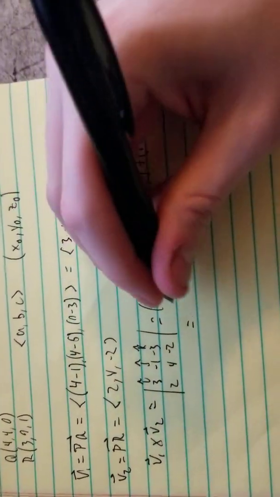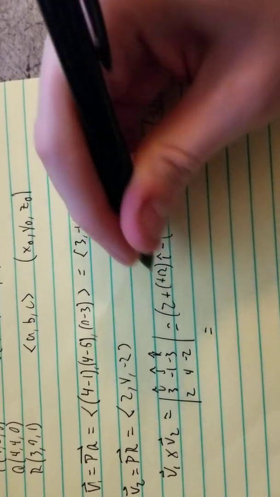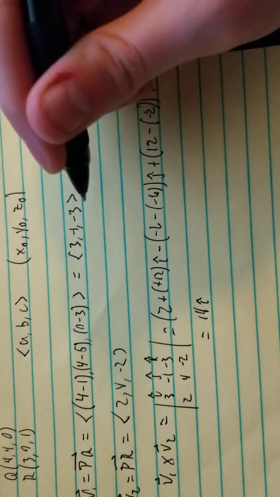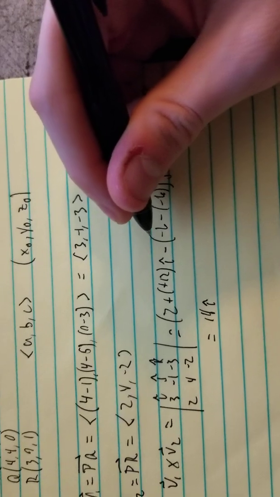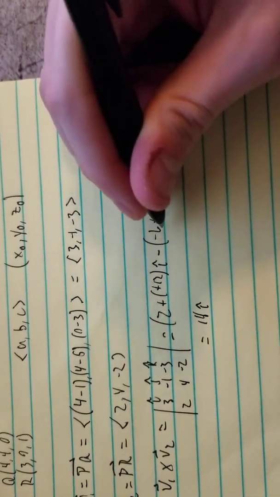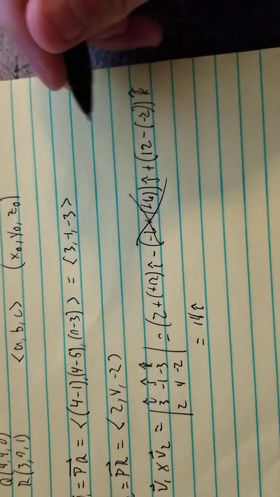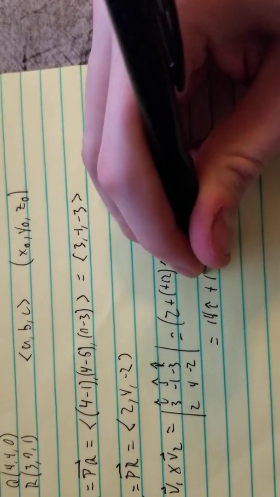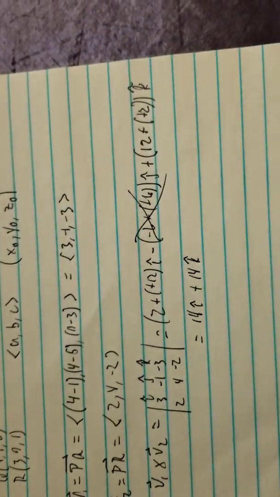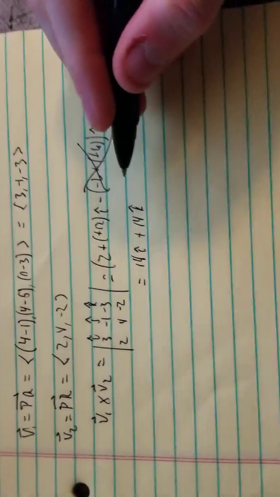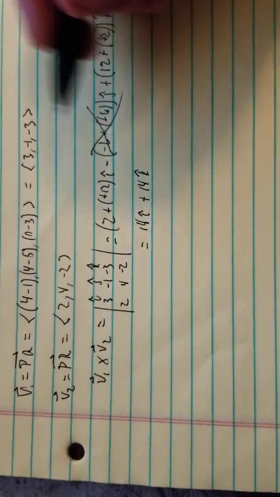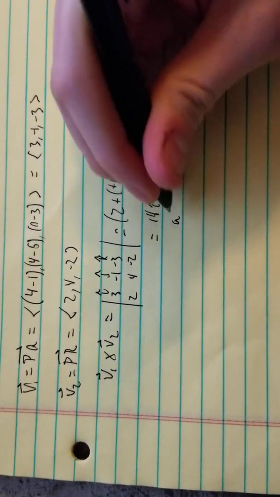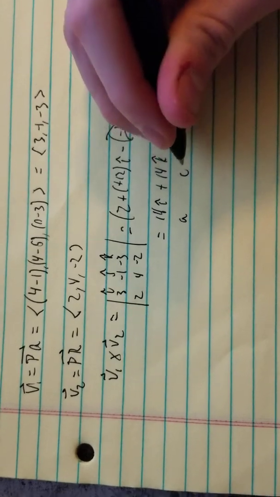And we can simplify that down to get 14i, and the j is going to become 0, plus 14k. Now we can plug that into our plane equation for the values of A and C, because the B is going to cancel from the y up here.